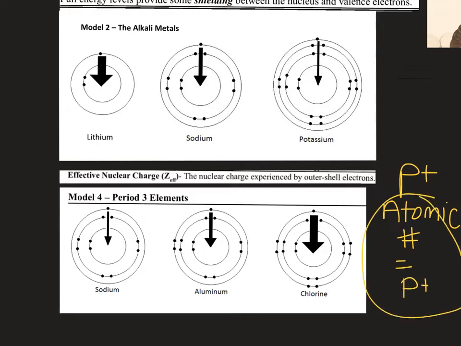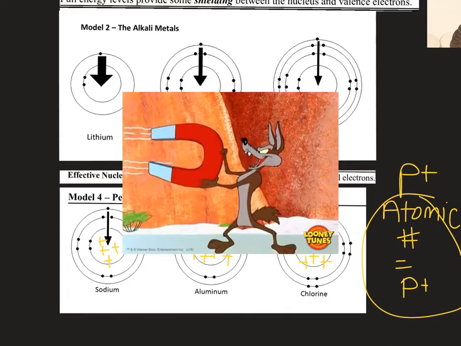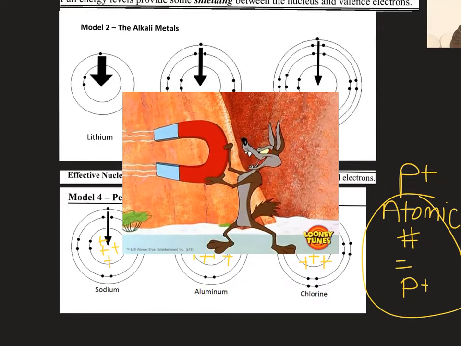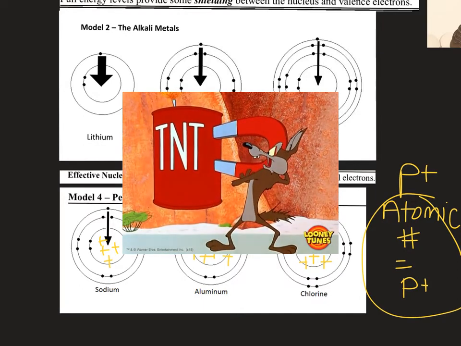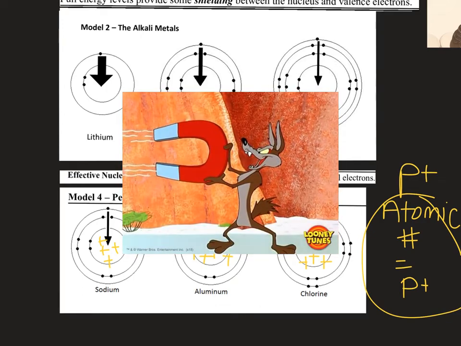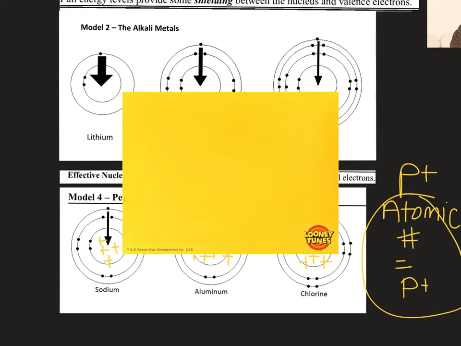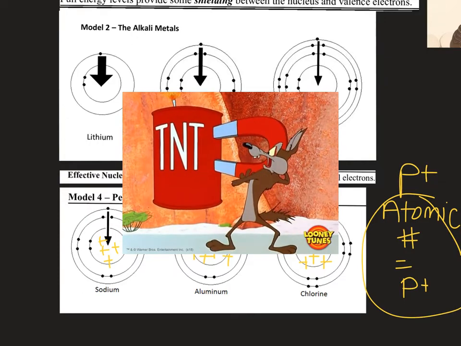And that's going to play such a huge role because if I have more protons in the center, and as I move across the period, I have even more protons in the center and even more protons in the center, then we have this idea that those protons are like a bigger magnet. And just like we know with magnets from our cartoons or anything, those magnets are going to be attracting the opposite charge, right?